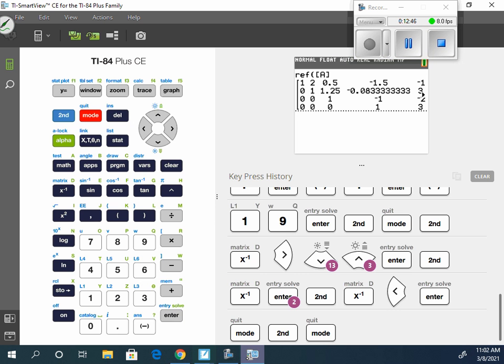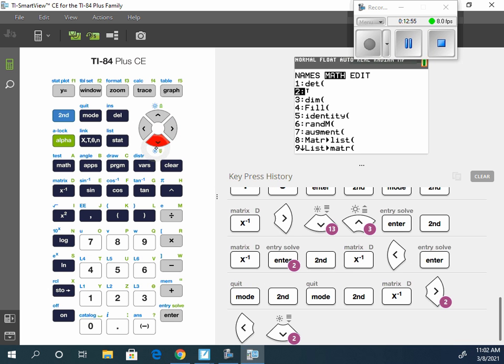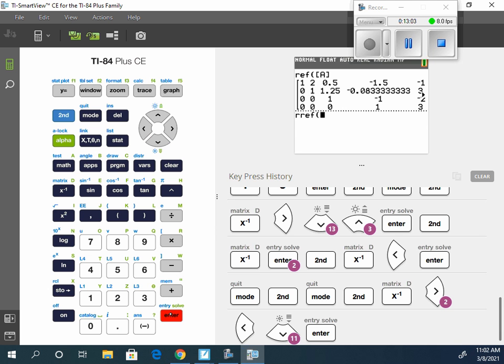Now, what we'll see here in a minute, and the way that I like working these a little bit better, second matrix, I like REF better.